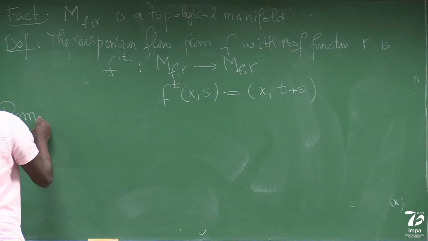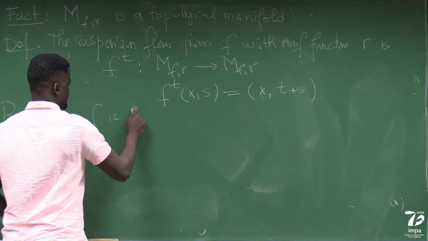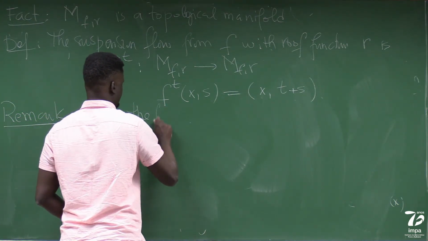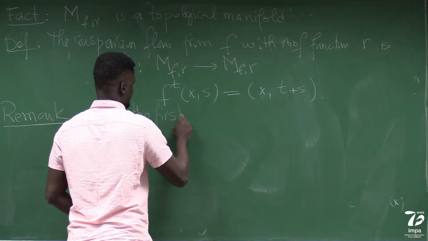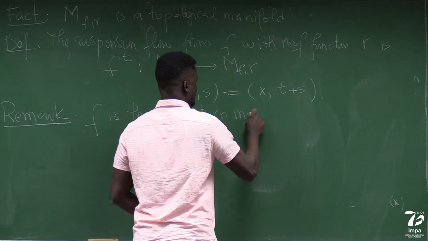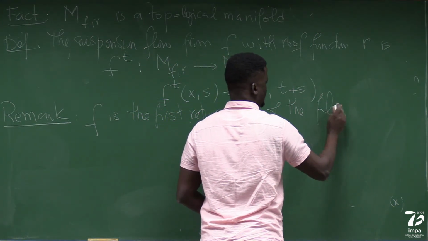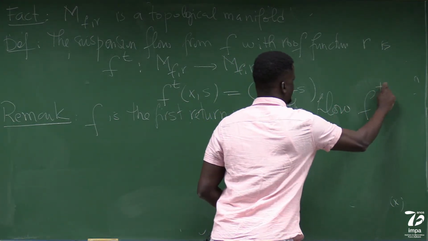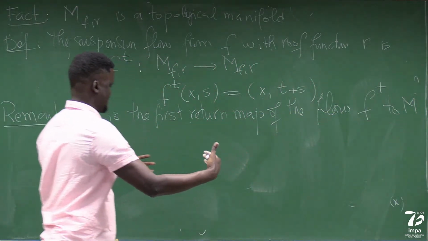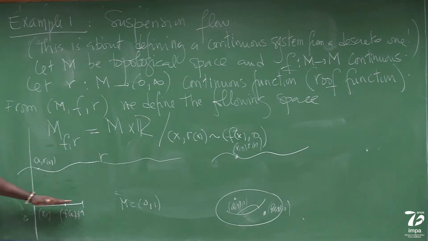Remark: f is the first return map of the flow F_t to M, the base space.